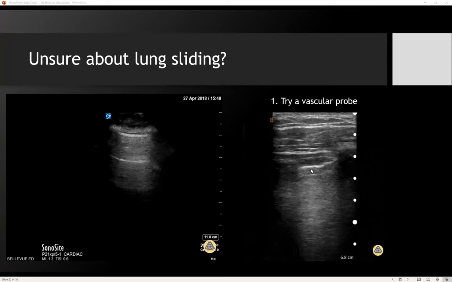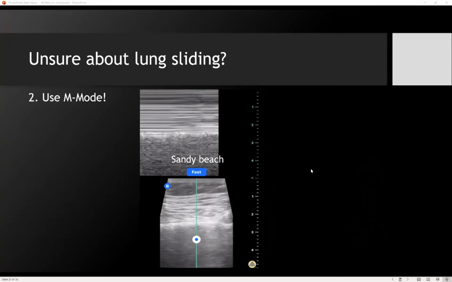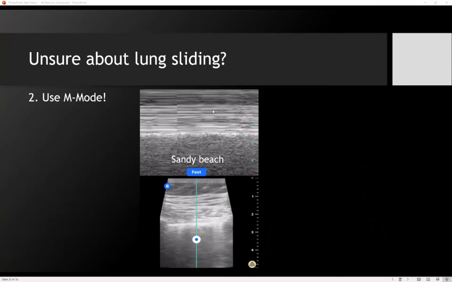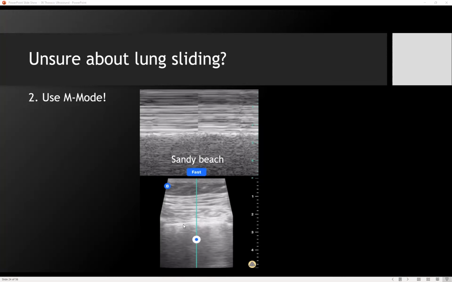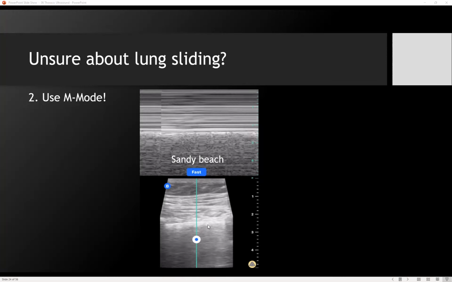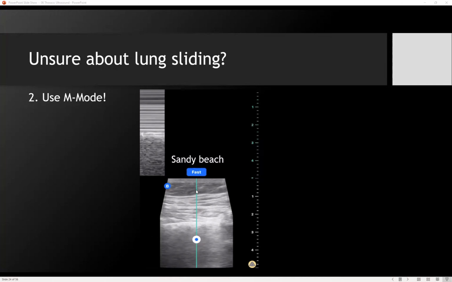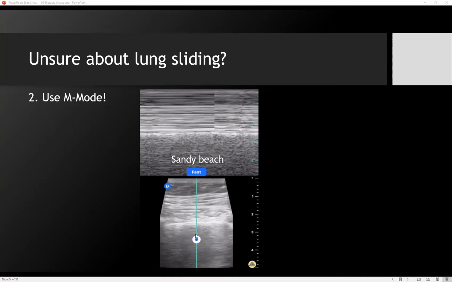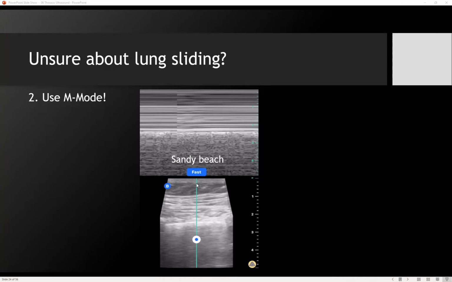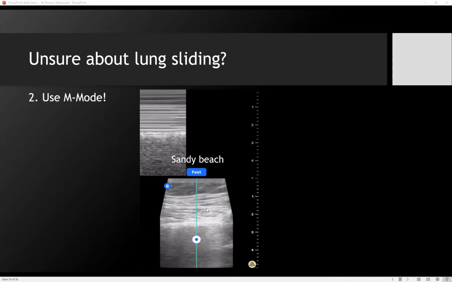And then your other option is the famous M-mode sandy beach sign, right? So here you have this lung and you have this subcutaneous tissue that's not moving, and here you have a lung that is moving. And you might not be sure, is this lung sliding or is this not lung sliding? I can't tell. So you put an M mode on it. And as you know, M mode will record over time everything happening underneath this line. So nothing is happening underneath this half, underneath the subQ half.